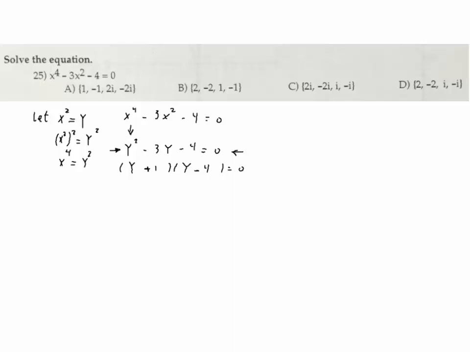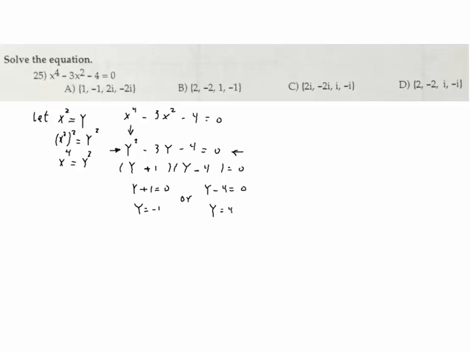You can make sure that the last two terms, 1 and minus 4, the product would be equal to negative 4, which it is. Very good. So in this case, we get y plus 1 is equal to 0. From here, we conclude that y is equal to minus 1, or y minus 4 is equal to 0. So from here, we conclude that y is equal to 4.